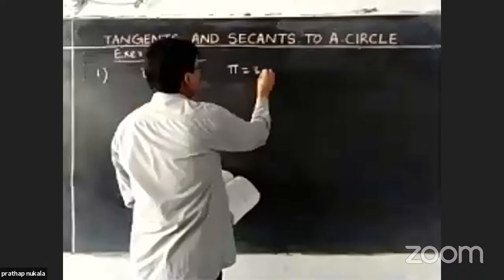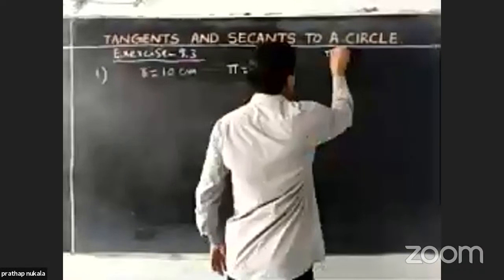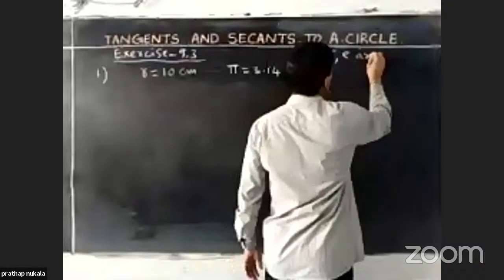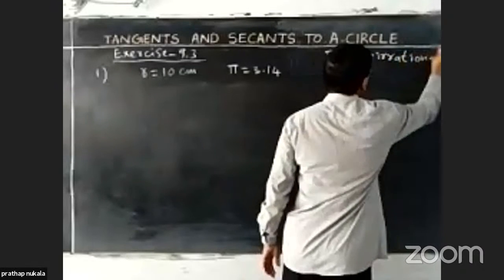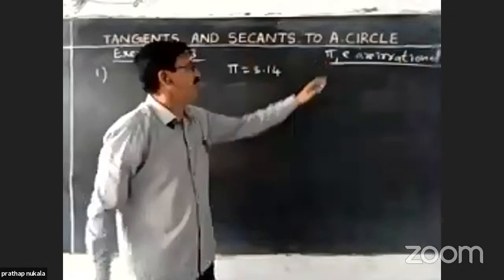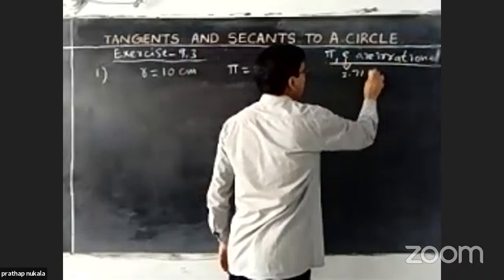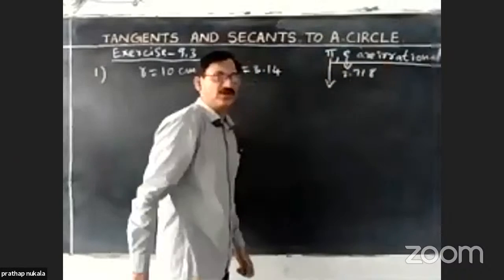It is the approximate value of 22/7. I will explain about the pi value. Pi and e are irrational numbers. E is the exponential constant; its value is approximately 2.718. Pi is also irrational.